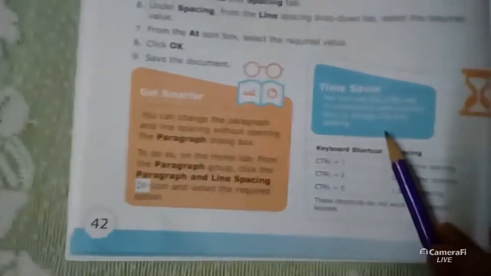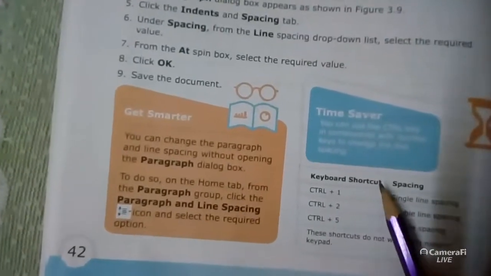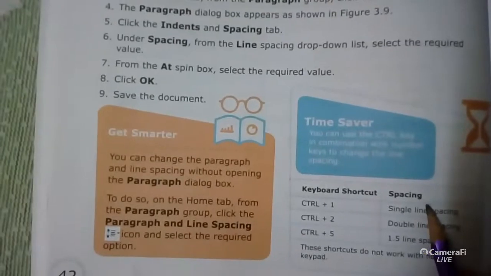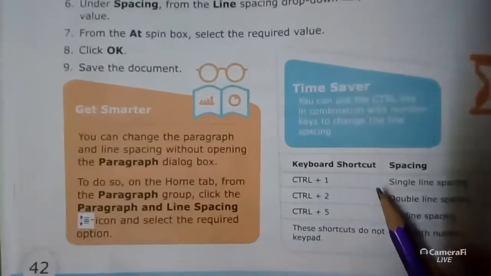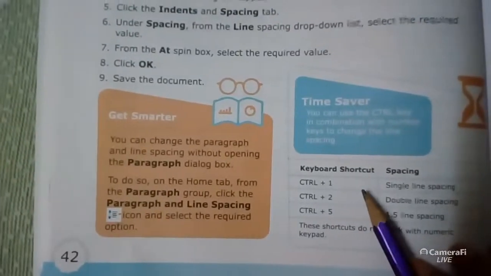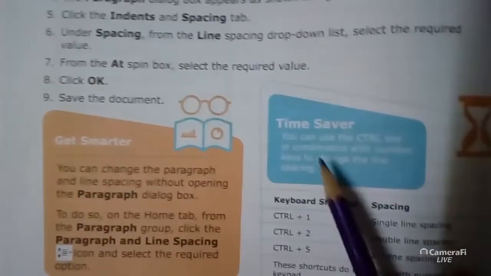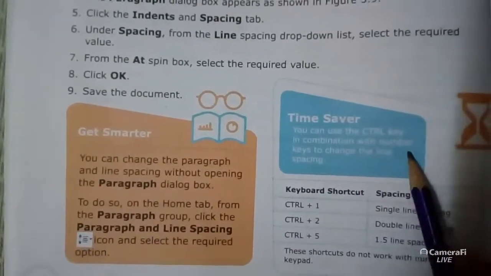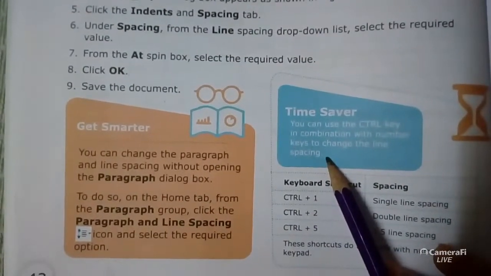Sometimes we can use the Control key to save our time. This is called a keyboard shortcut. That means with the help of the keyboard, with 2 or more keys, you can do your work. You can use the Control key in combination with the number keys to change the line spacing.